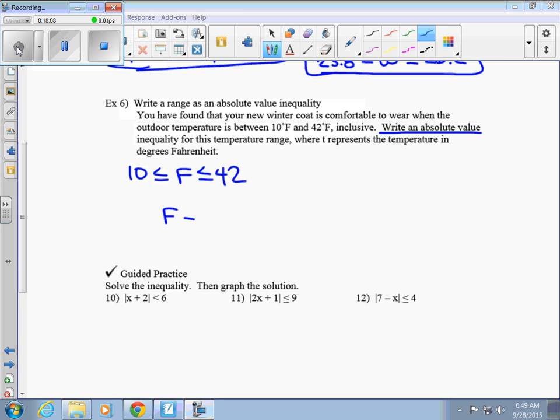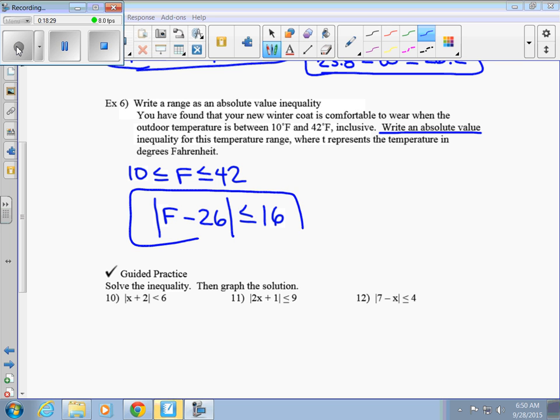So if we find the average, it's going to be 26. We know that it's inclusive. It has to be in there somewhere. So now we look, how far is 26 from 10? And we know that that is going to be 16 units. Well, we also know that 42 is 16 units from 26.